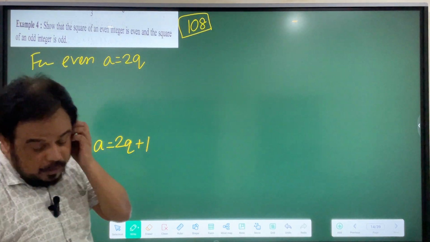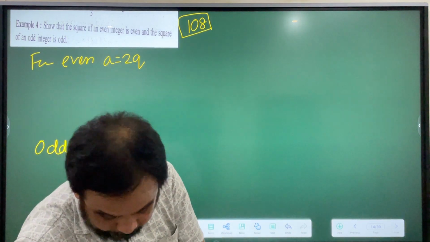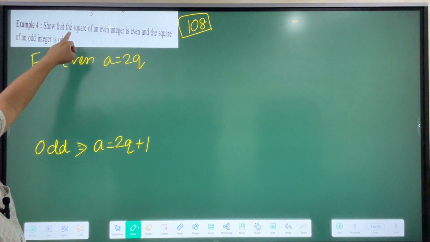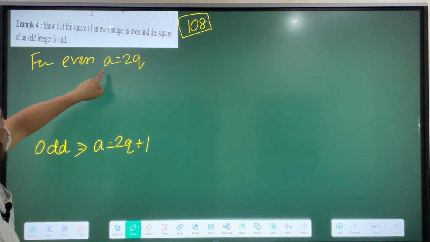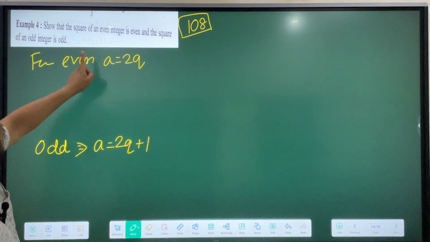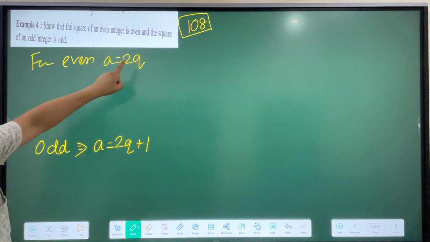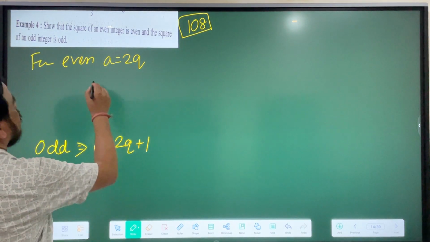Page number 108. Now we will do squaring, nothing else, because the square of an even integer is even. For even, this is the condition. We will do squaring and see whether it is even or not.